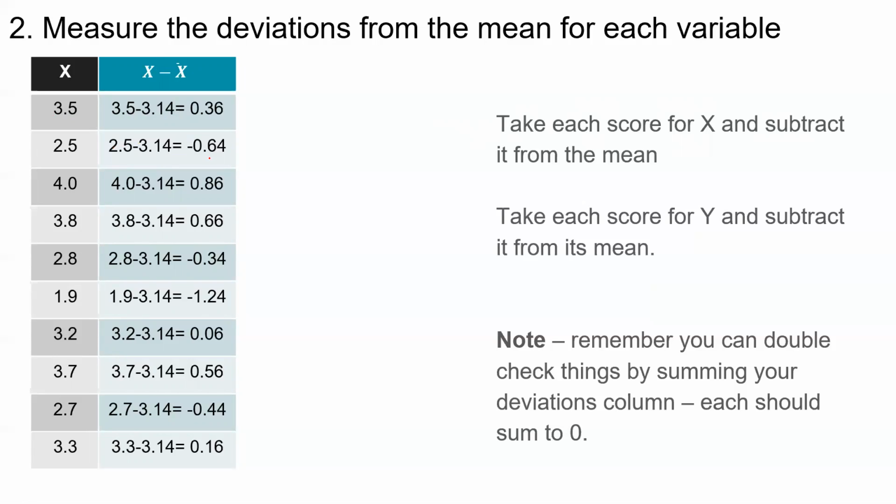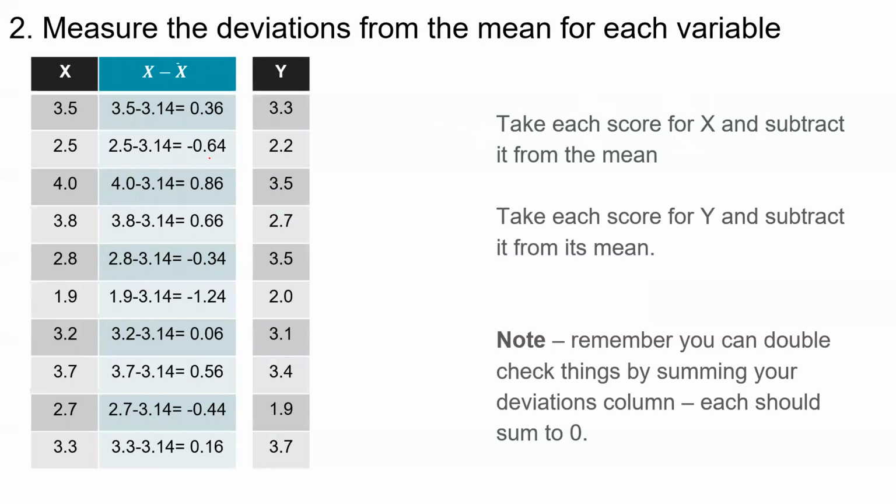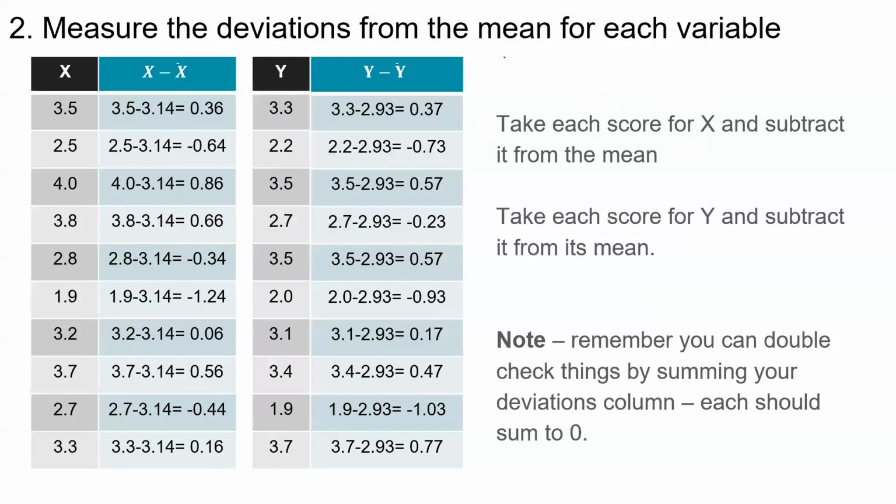So we're going to take each score for X and subtract it from the mean. Then we're going to do the same thing for Y. So the mean for Y was 2.93. So we're going to take 3.3 minus 2.93, which is equal to 0.37, 2.2 minus 2.93, and so on. So we continue the process.